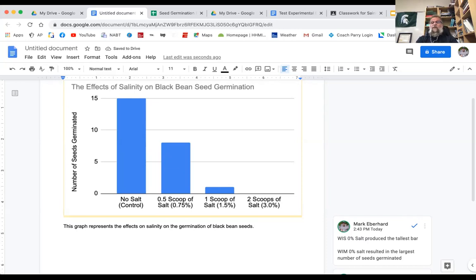Now put together your whiz and whim statement. The black bean seeds exposed to water with 0% salinity produced the largest number of seeds germinating. An average of 15 per bag.